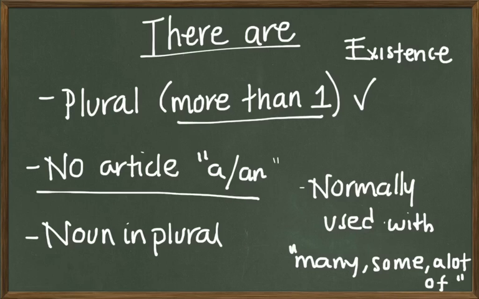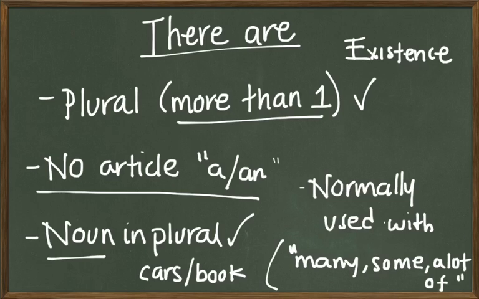And remember that our noun has to be in plural, for example cars, books, desks, etc. And we normally use it with a quantifier such as many, some, a lot of, and you'll see why.